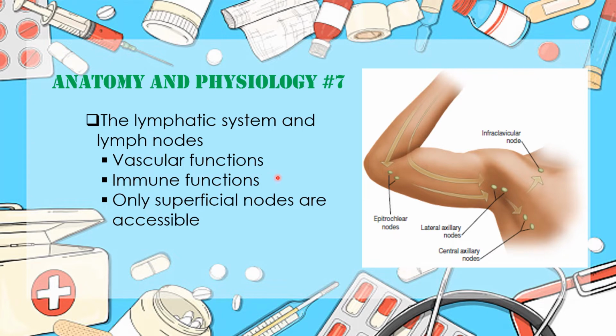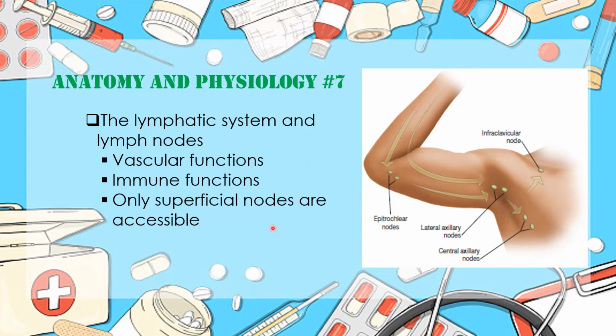The lymphatic system and the lymph nodes have vital functions in our body. So first is the vascular function, and aside from that, the lymphatic system also plays an important role in the body's immune system. Okay, the cells within the lymph nodes engulf the cellular debris and bacteria, and produce antibodies.